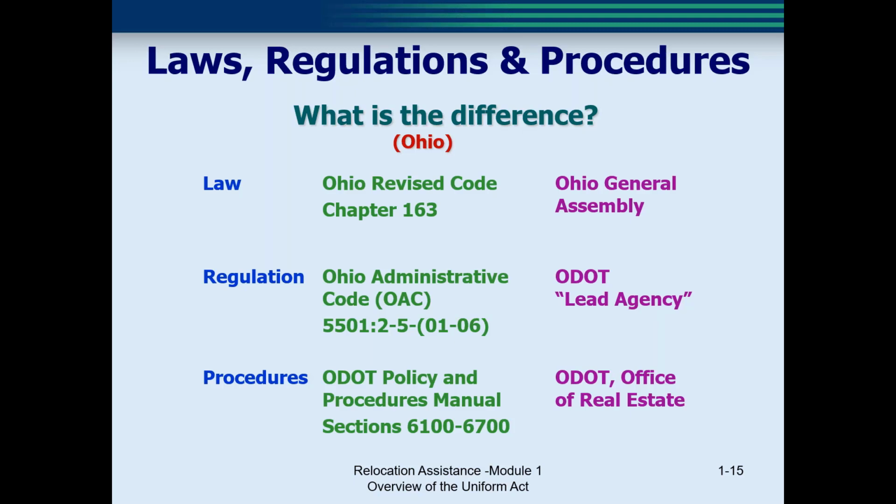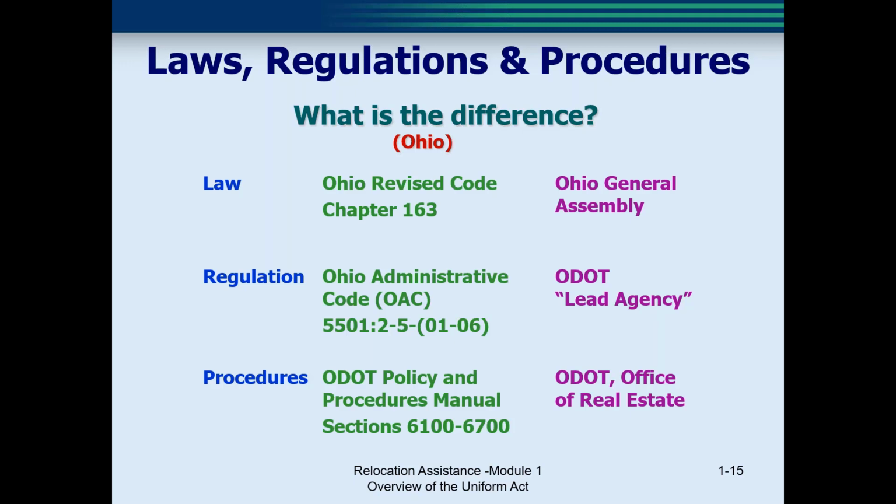And just as you saw on the last slide, the law in Ohio also follows the same trickle-down process. The laws in Ohio that adopt the main concepts of the Uniform Act are contained in the Ohio Revised Code Section 163. Those laws are then further defined and refined in the Ohio Administrative Code Sections 5501:2-5 through 5501:2-6.